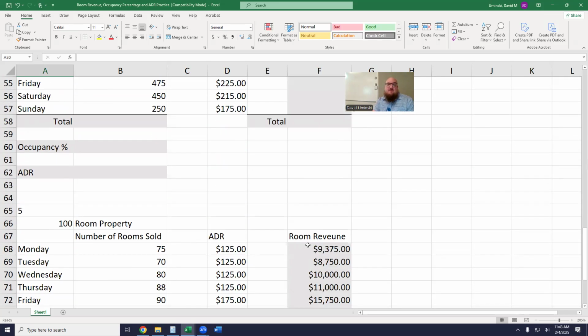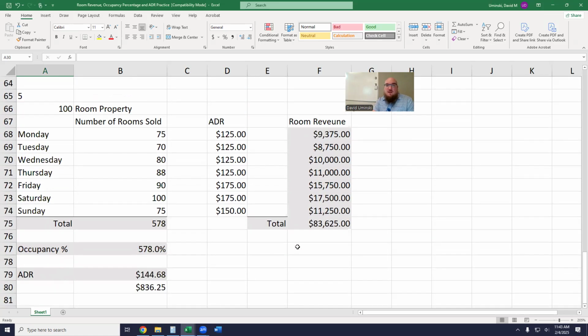Let's take a look at number 5 real quick. Okay, I went ahead and put the numbers in. I filled out this first part for you. So we had 578 rooms sold, if you want to write that in. And our total revenue is $83,625.